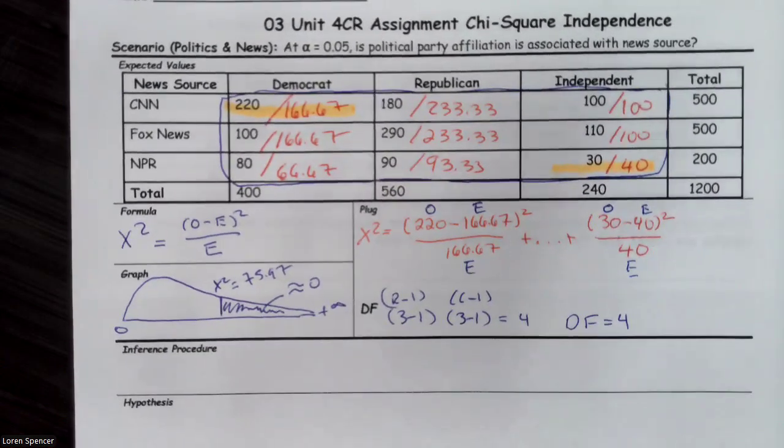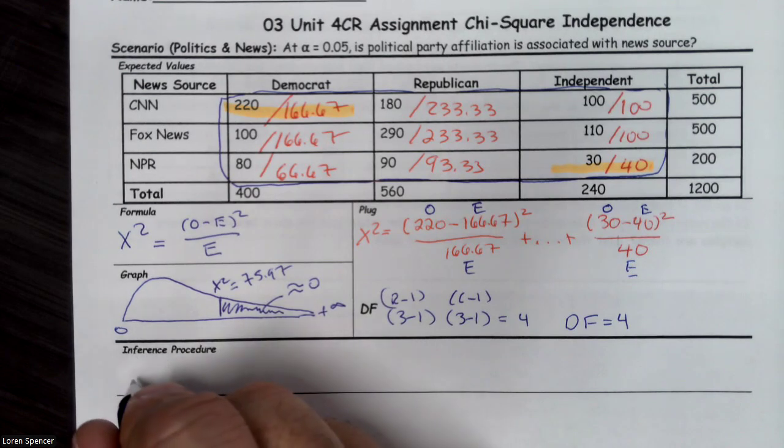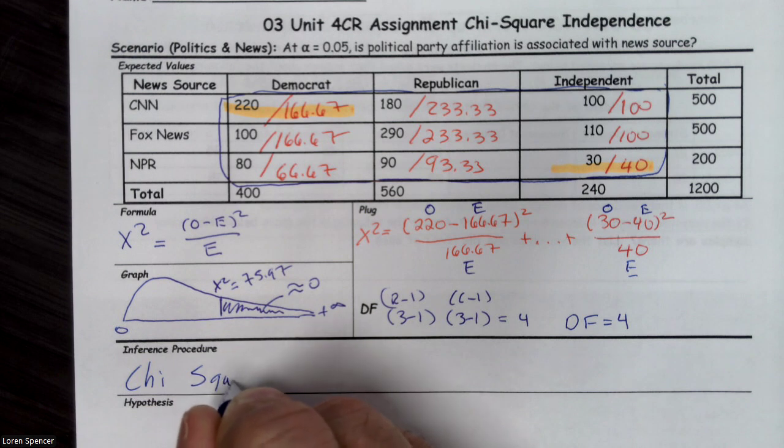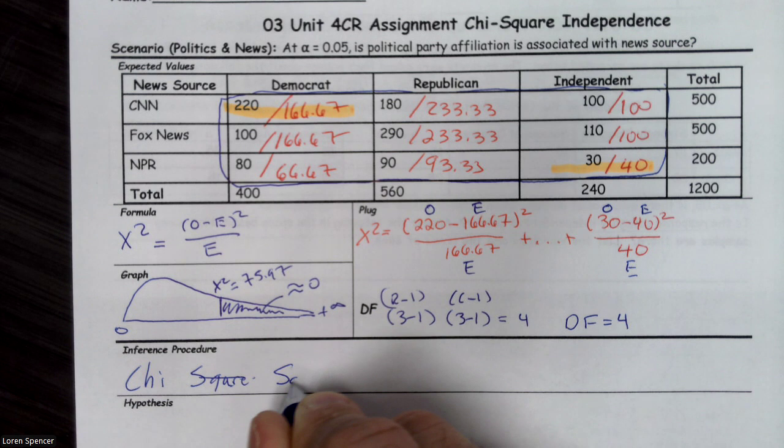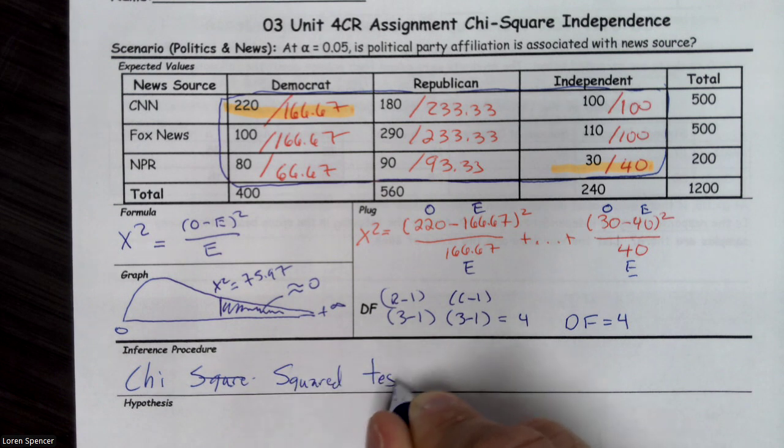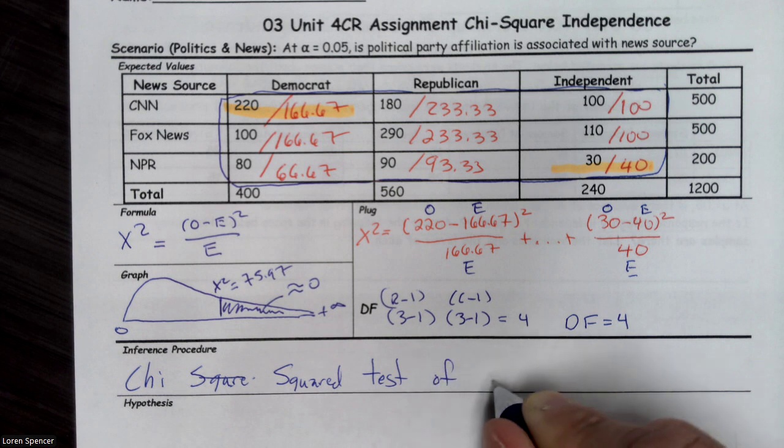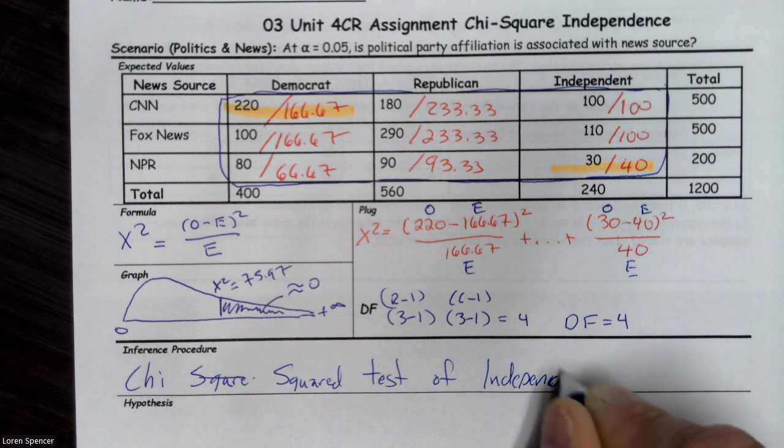All right, the inference procedure. This is a chi-square test of independence.